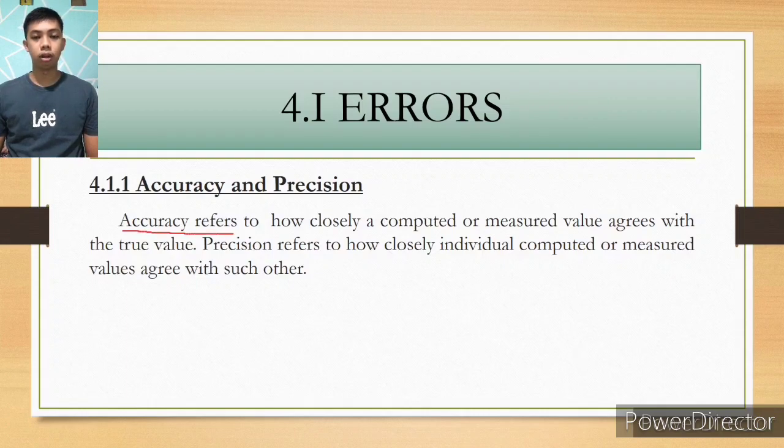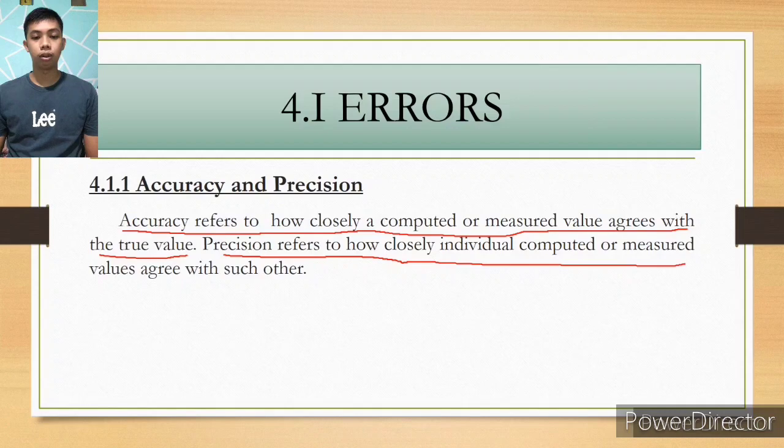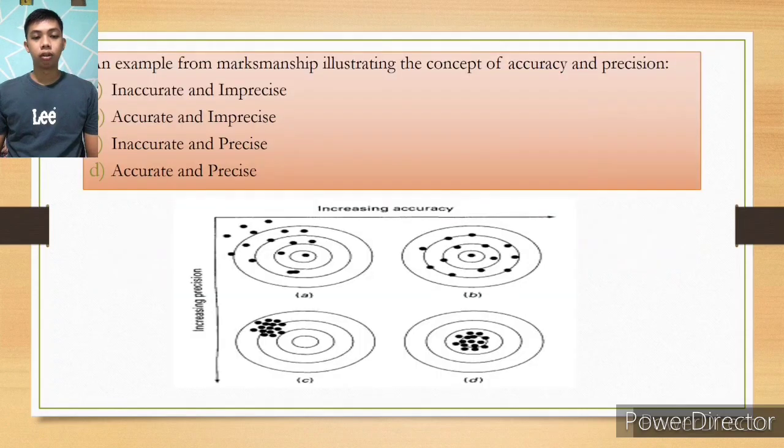Accuracy and precision. Accuracy refers to how closely computed or measured values agree with the true value. Precision refers to how closely individual computed or measured values agree with each other. An example of marksmanship illustrates the concept of accuracy and precision.